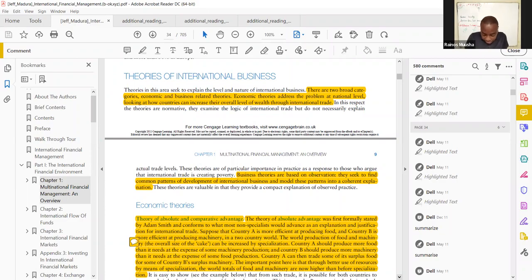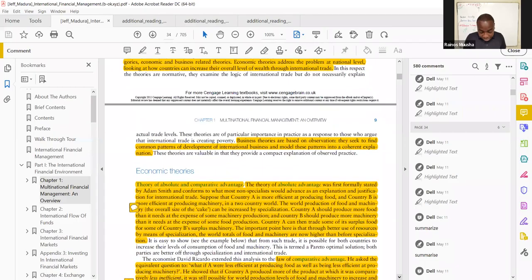Economic theories address the problem at national level, looking at how countries can increase the overall level of wealth through international trade. Then they also say business theories are based on observation. They seek to find common patterns of development of international business and model these patterns into a coherent explanation.